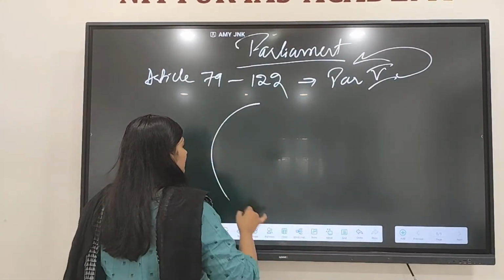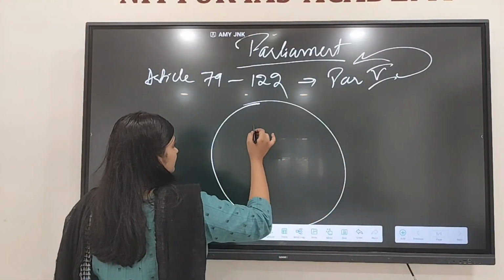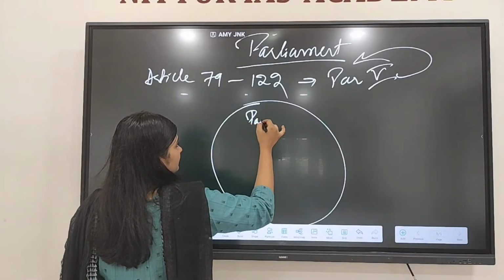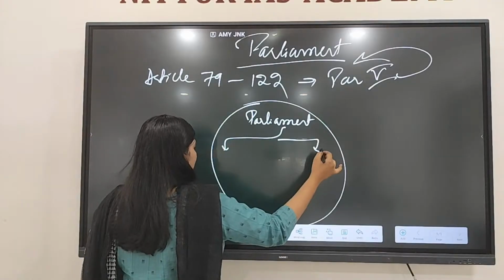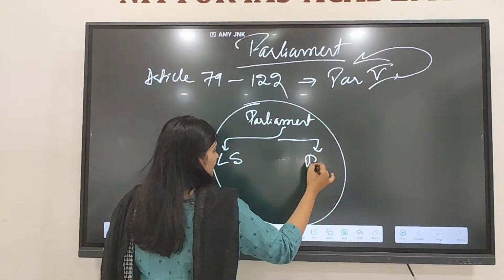Parliament consists of what? Parliament consists of Lok Sabha and Rajya Sabha.